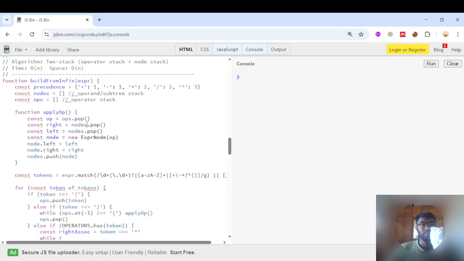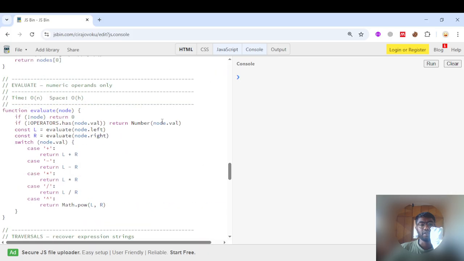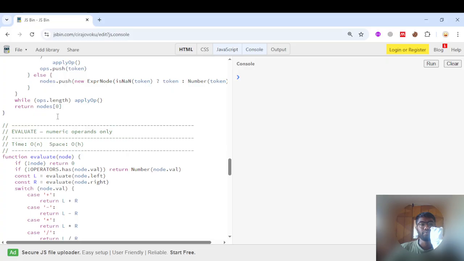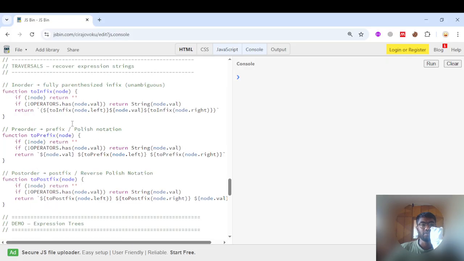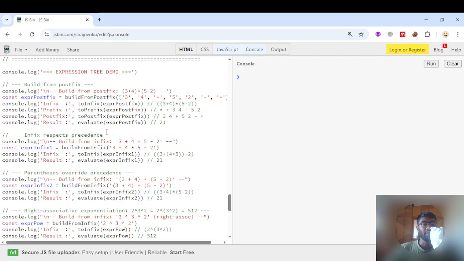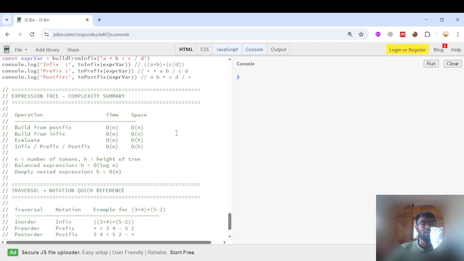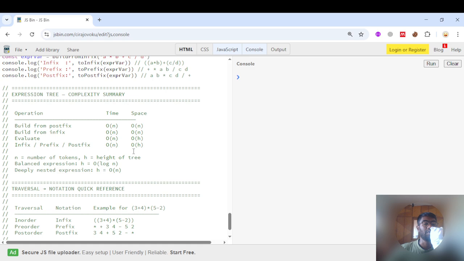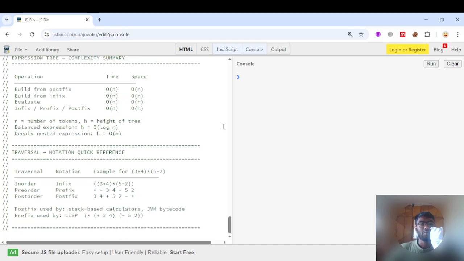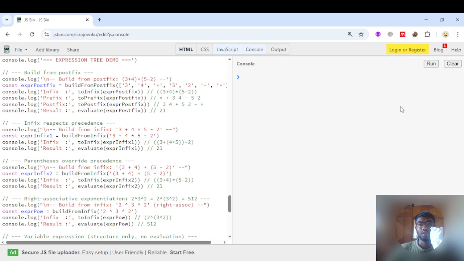So here we have many other different ideas with a prefix type of notation, and also we have some evaluation methods, which should be very easy to understand. I would just paste this code snippet, and you can definitely check this code out and explore more on what this is doing, and maybe spend some time around here, right? So let me try running this code and let's understand what's going on.